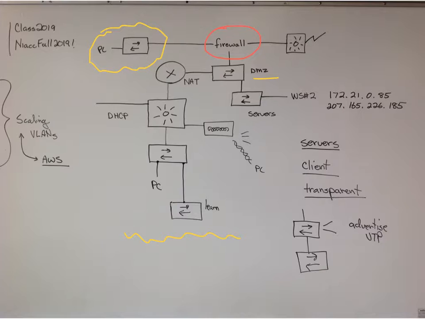This is a little deceiving, there is actually a multi-layered switch in between here. So then this classroom cloud would look more like that. Then the DMZ is everything this way.